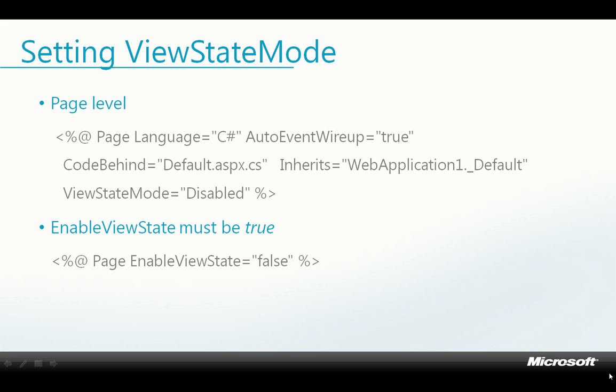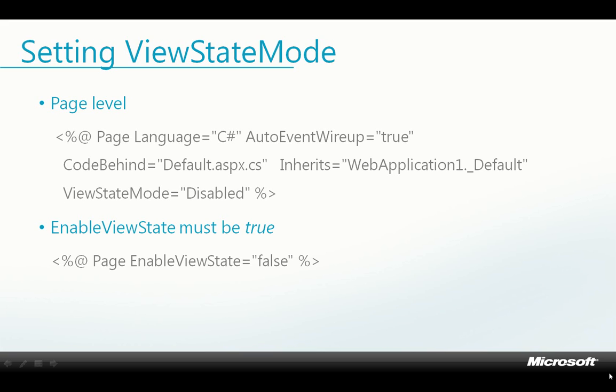Now, a good example of when it might be better is with the content placeholder control in a master page, because you could set view state mode to disabled for the master page and then enable it individually for content placeholder controls that have controls where you want to save the view state.